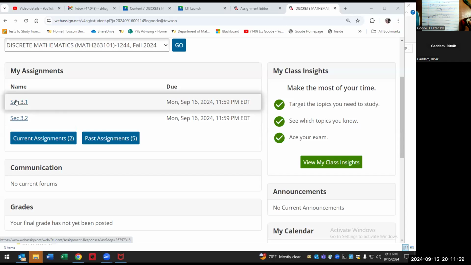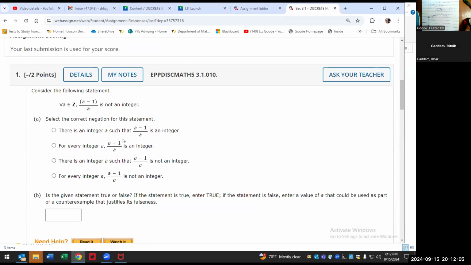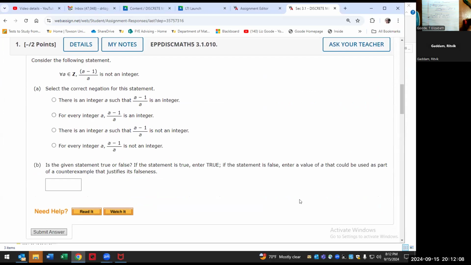Okay, so assignment 3-1. There it is. Looking at this, the upside down A means for every integer, which is Z. The way we read this statement is, for all little a in Z, or for all little a in the integers.